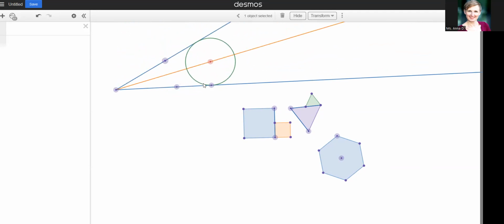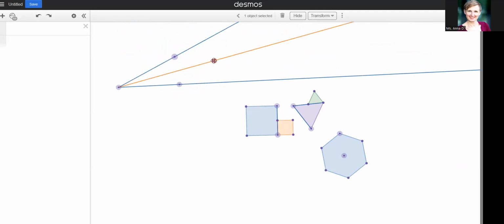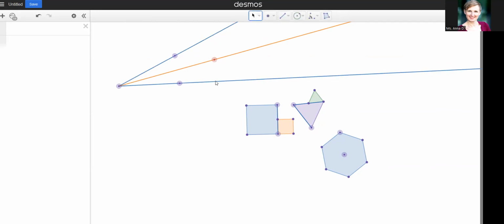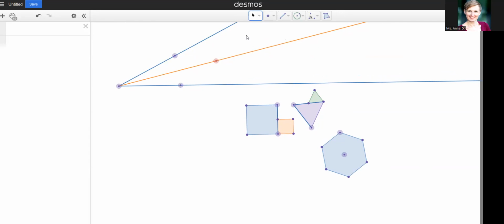We need to draw it very specifically. So from this point, that is the center of a circle, we'll construct a perpendicular line to the lower arm of the angle.